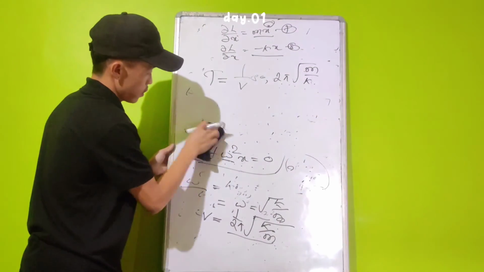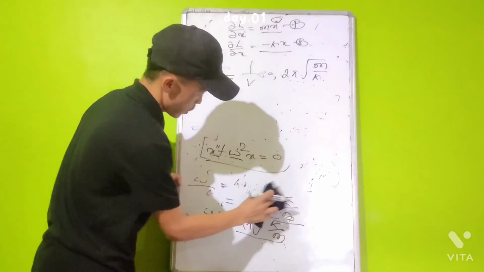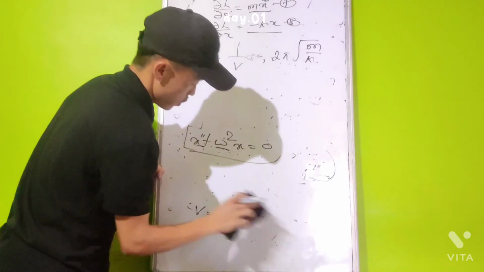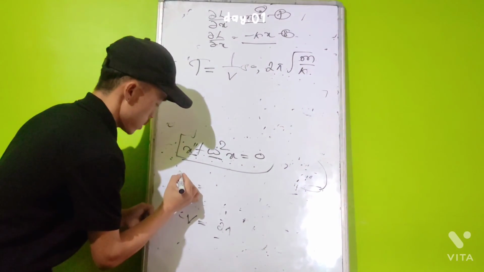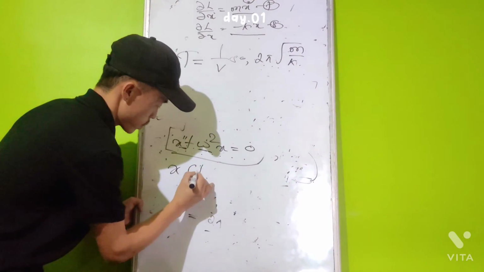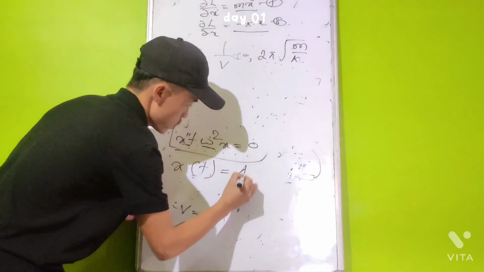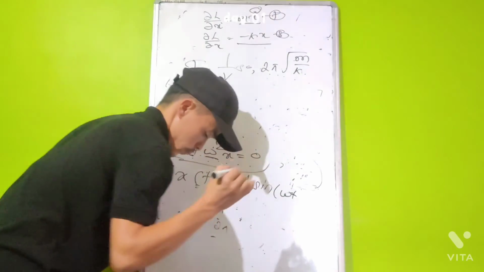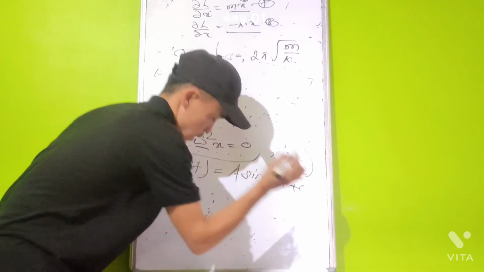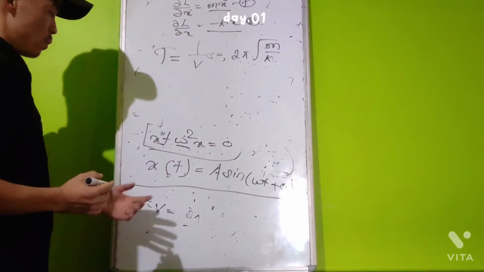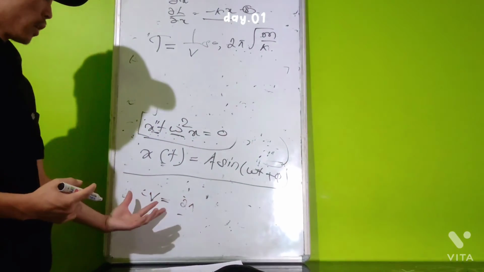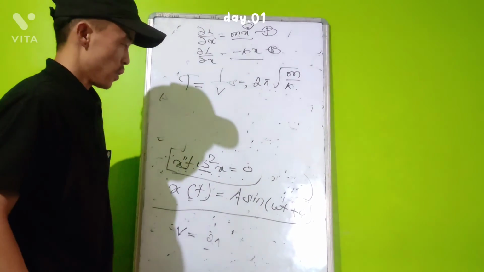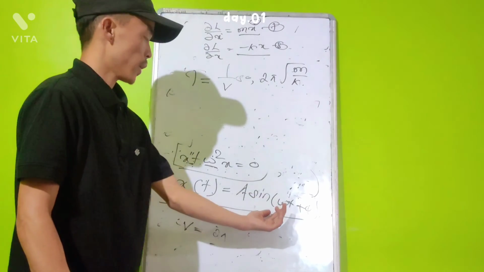So this is the final equation we got. This solution of the equation can be represented as x(t) equals A sin(ωt + φ). With this equation, we can describe the linear harmonic oscillator in classical mechanics.